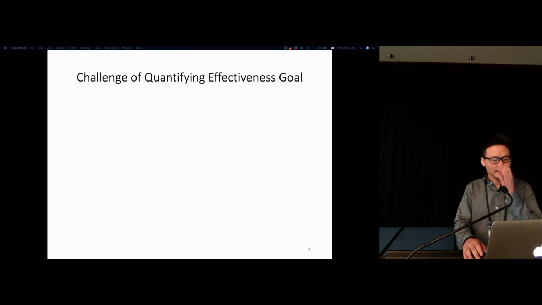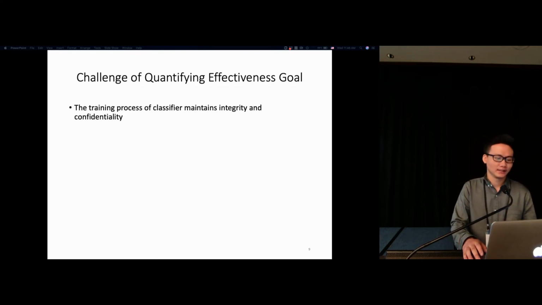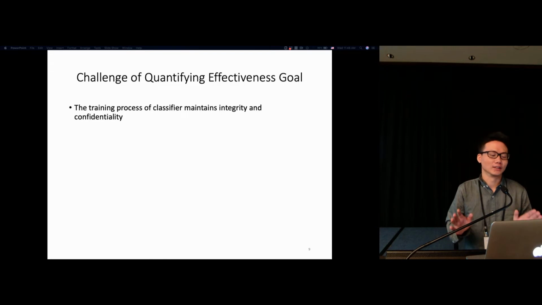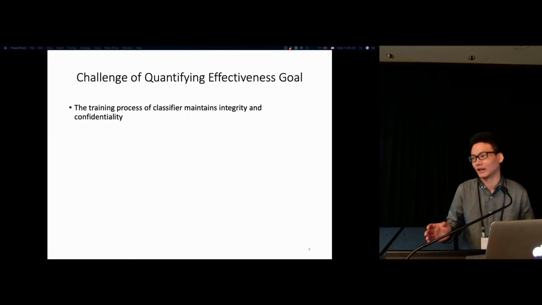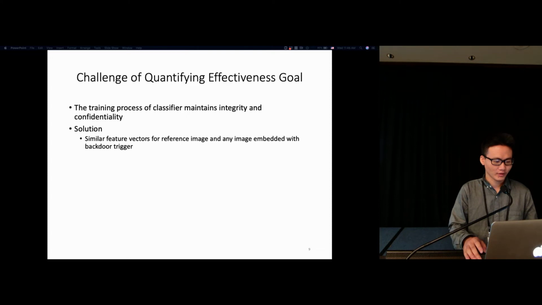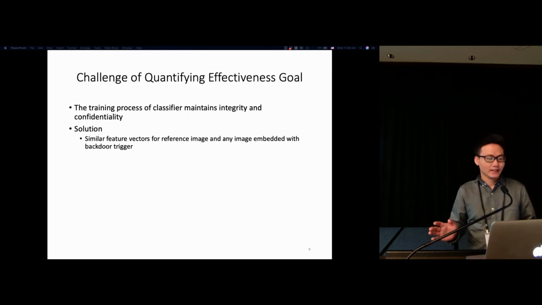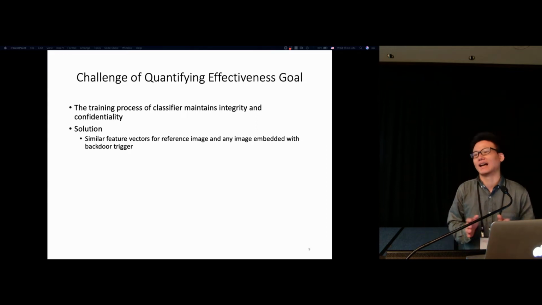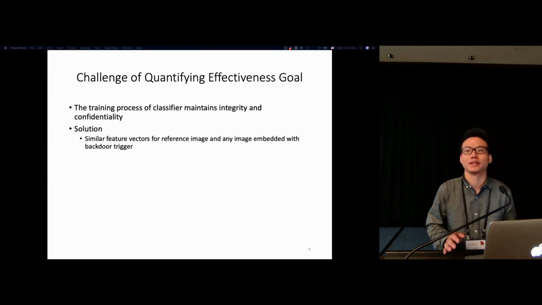The challenge of quantifying the effectiveness goal is that the training process of the target classifier maintains integrity and confidentiality, so the attacker cannot exploit such a process when crafting a backdoor image encoder. To address the challenge, we make the backdoor image encoder output similar feature vectors for the reference image and any image embedded with the backdoor trigger.